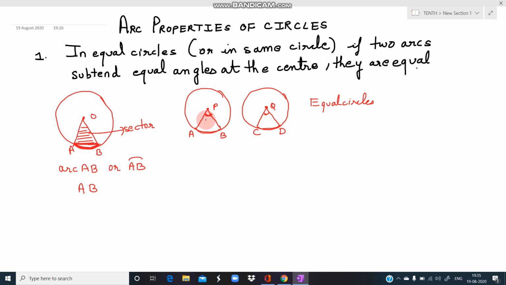तो इसको हम क्या बोलते हैं? The angle subtended by the arc AB at the center, that is angle APB, and the angle subtended by the arc CD at the center, that is angle CQD.